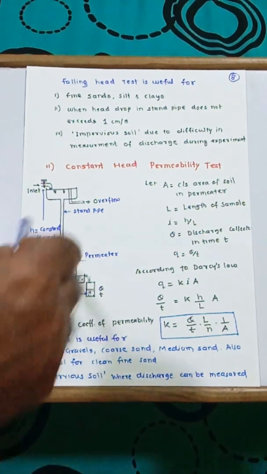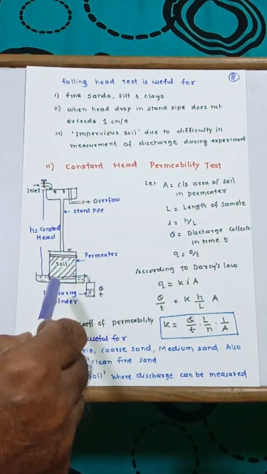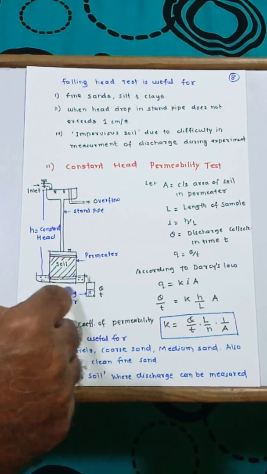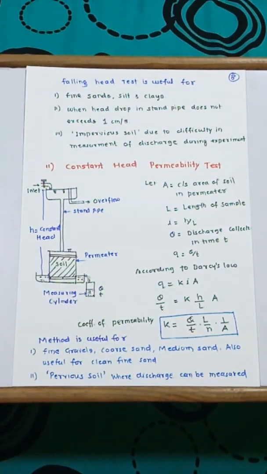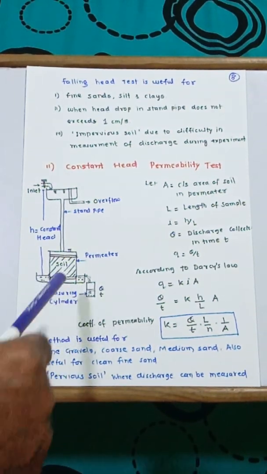So, what is the second method? If it is a highly permeable soil where we can measure a discharge, for that we can use a constant head permeability test. Basically, the soil sample preparation is the same, that is, in the permeameter with the required density and required moisture content.